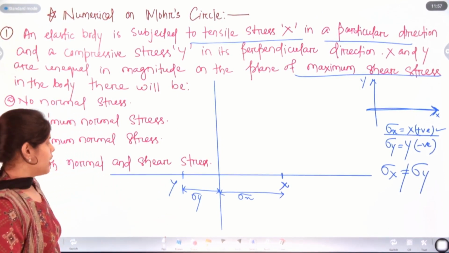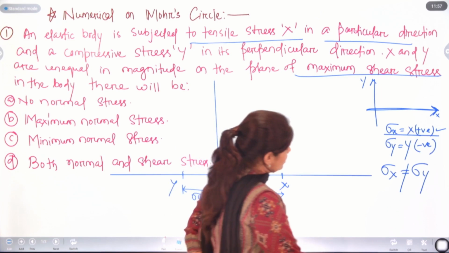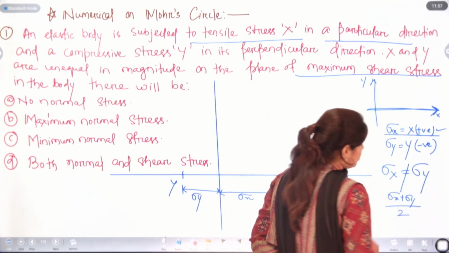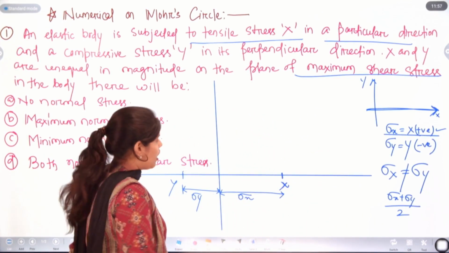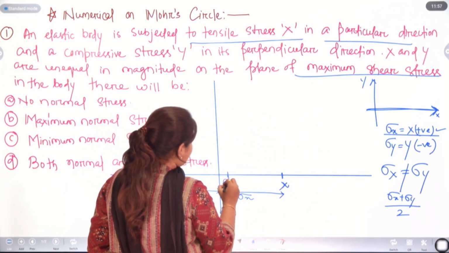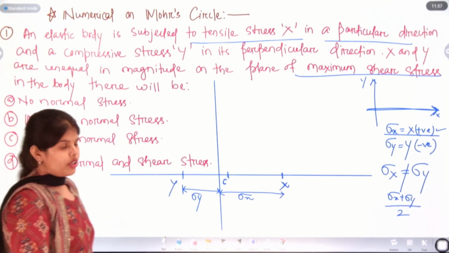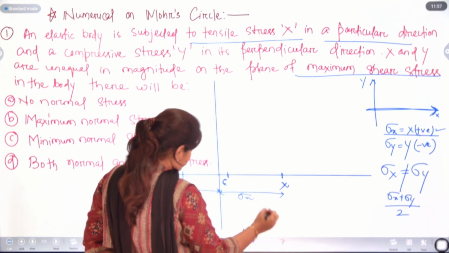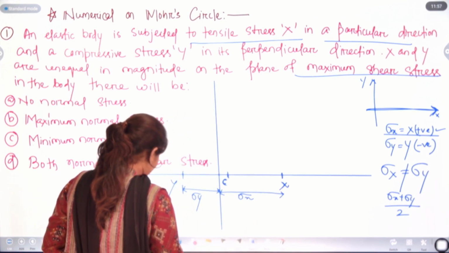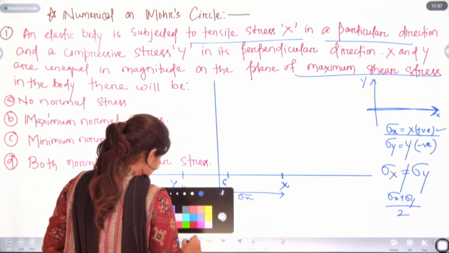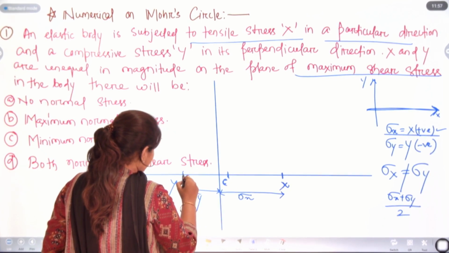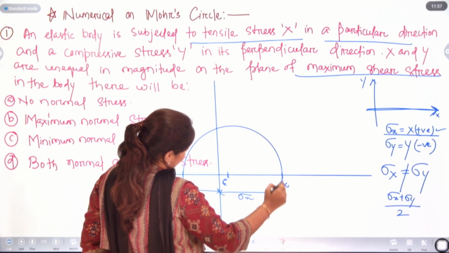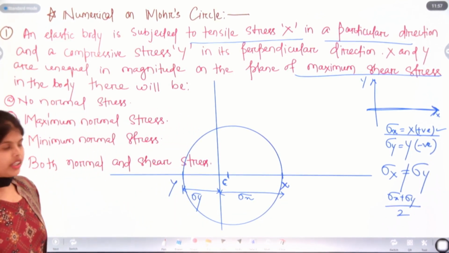Now, we will take sigma x plus sigma y upon 2, and by doing this, we will have our center point. So, now by taking this center, we can draw the Mohr circle. Done.